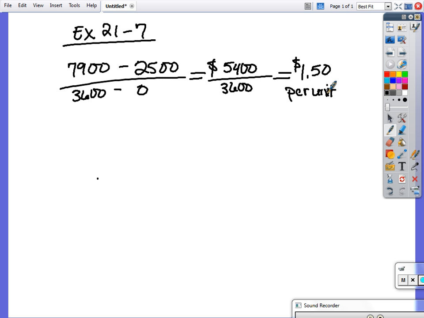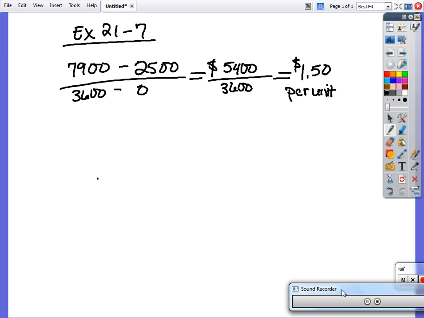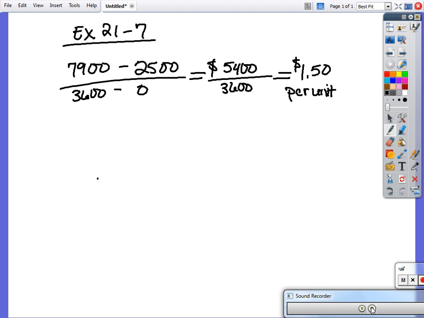The next one, example exercise 21-13. It reads, Blanchard Company Management in exercise 21-10 targets an annual after-tax income of $810,000.